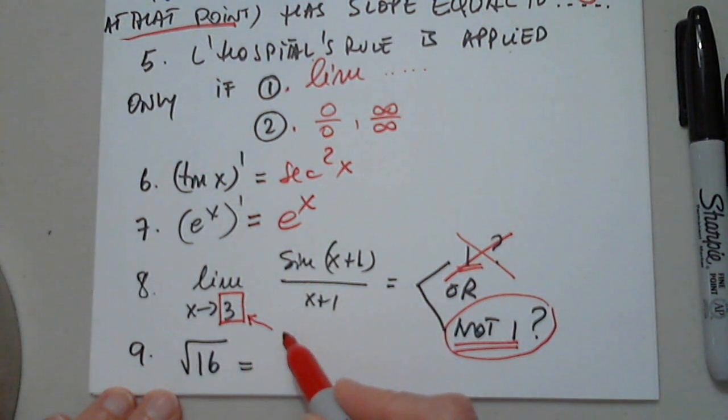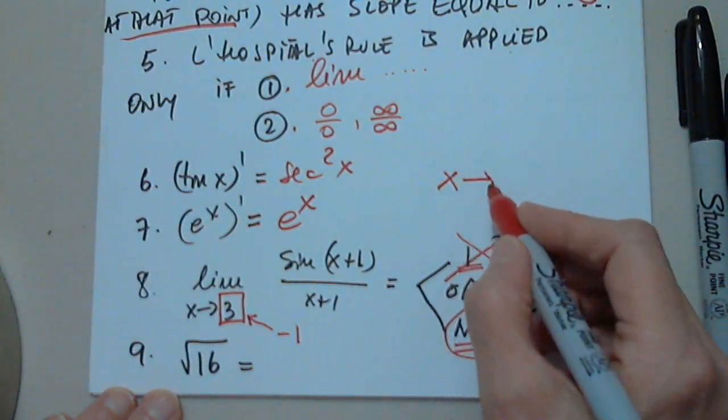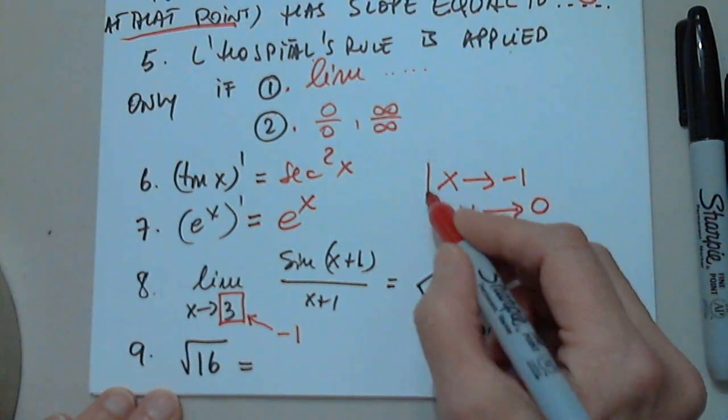So this should be 1. This should be, one more time. x plus 1. Careful. Infinity. Minus 1. Negative 1. Ah, indeed. Because x approaches negative 1 means x plus 1 approaches 0.